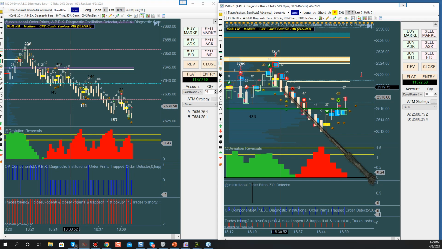I like that trade. The NASDAQ and the S&P are in lock sync. Like when one's up 0.7, the other one's up 0.7.